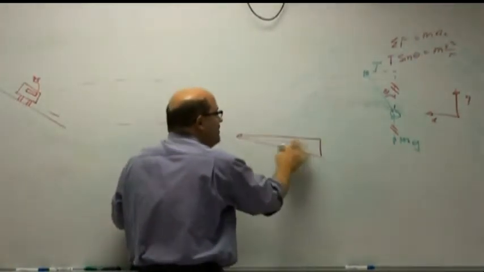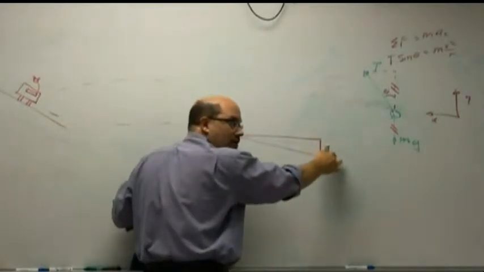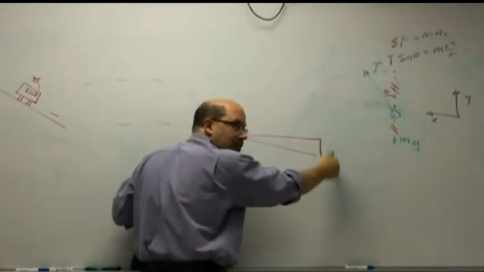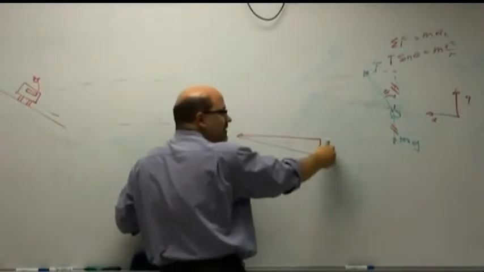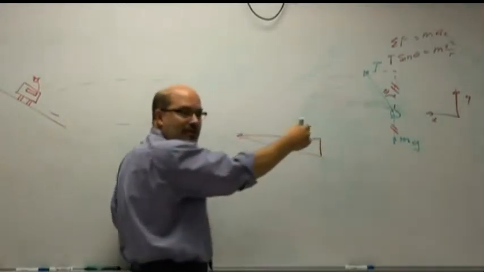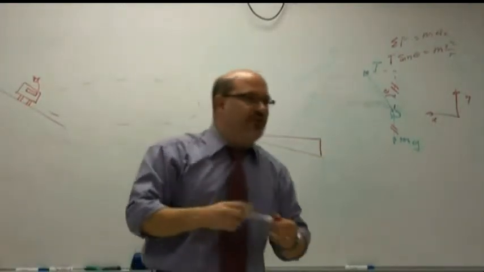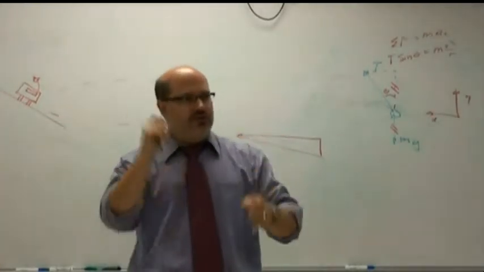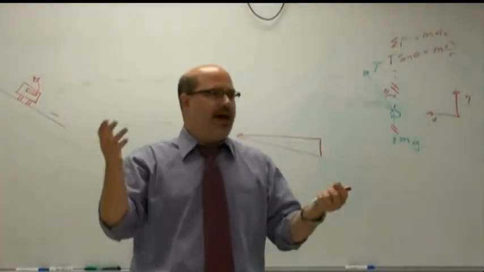If the tension on this side is too low, then it will accelerate down. If the tension on this side is too large, it will accelerate up. So the angle self-adjusts itself to the speed that you spin it and whatever the mass is.